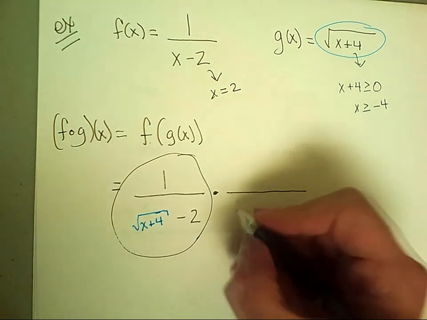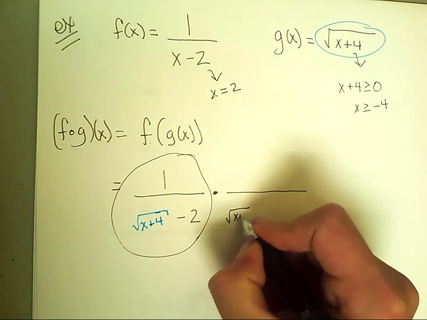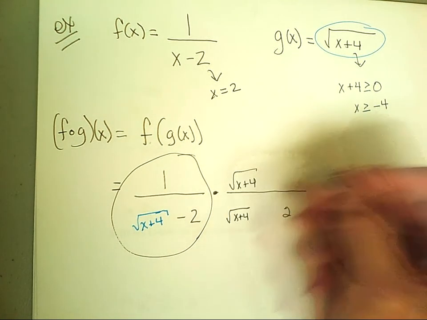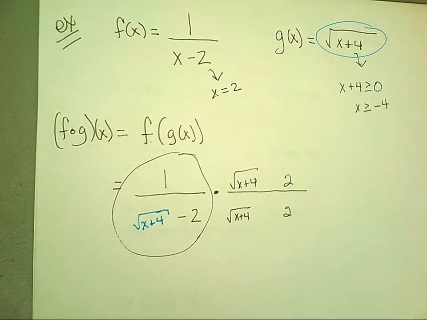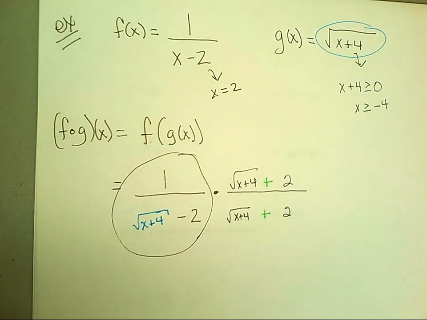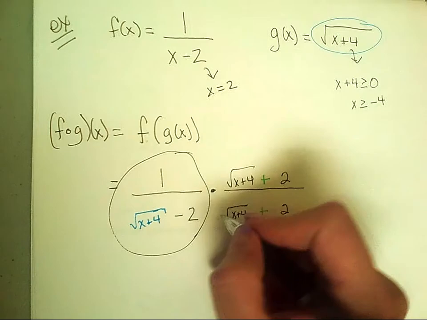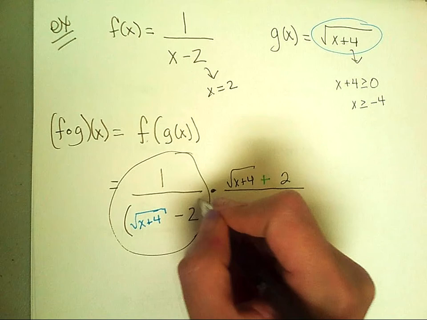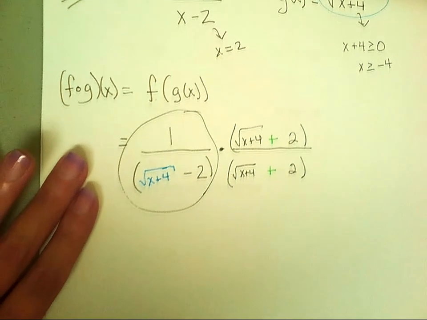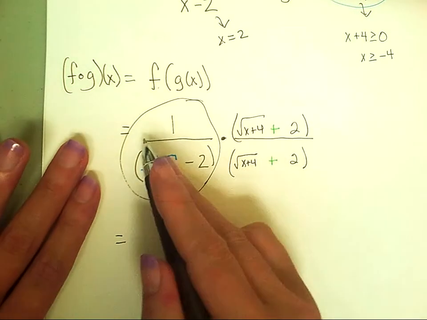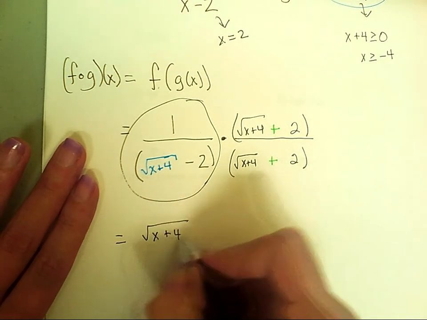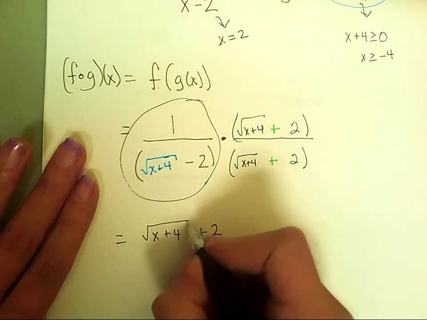All right. So to rationalize, we need to multiply by the conjugate, and the conjugate is where you keep the two terms the same, but we're going to change the sign in the middle to the positive. Now, the numerator is going to stay the same because 1 times anything is anything.